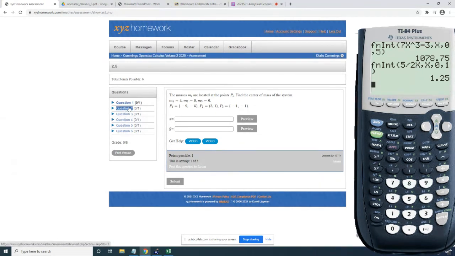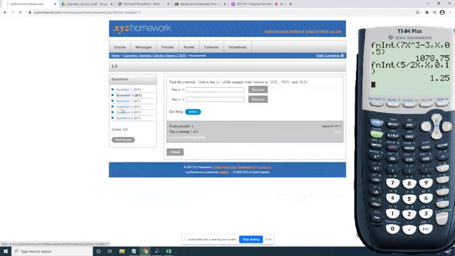Number 1 is a special case because in problem number 1, I'm not actually given a function. I'm just given some masses. I'm given the coordinates for those masses, and I'm asked to find the center of mass for the system. If I just visually look at problem number 2, it's a little bit different. Here I'm trying to find a centroid.